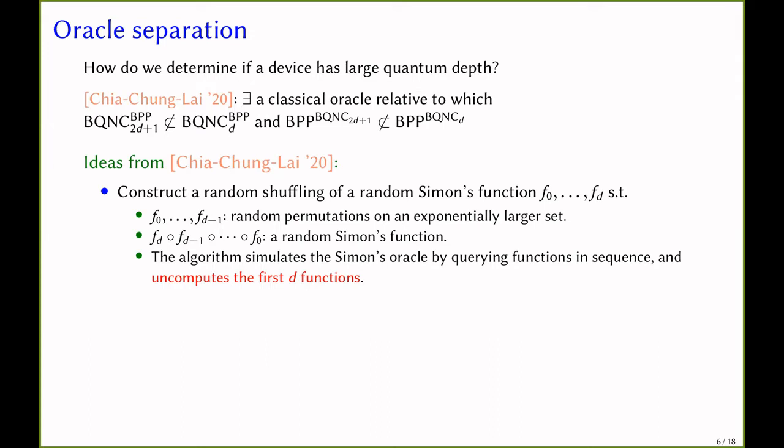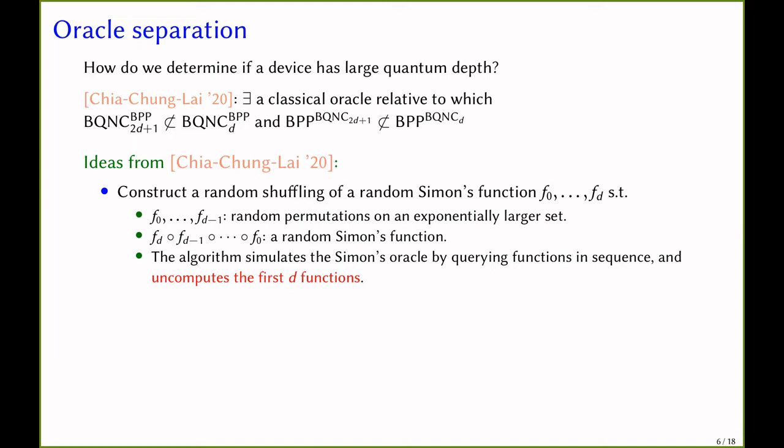So the idea is the following. The task for the device to solve is Simon's problem. The device is going to solve Simon's problem given access to a random shuffling of a random Simon's function. What is a random shuffling of a random Simon's function?